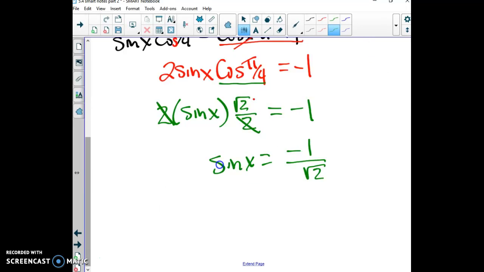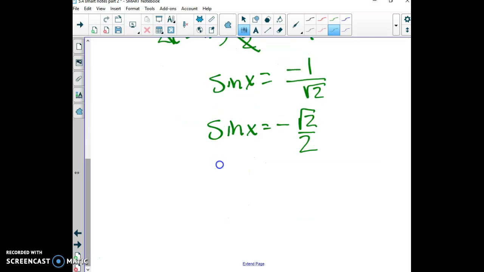And if we get the radical out of the denominator, we get the sine of x is equal to negative square root of 2 over 2. And we should recognize that this should give us x equals 5 pi over 4 and 7 pi over 4. Remember, we're on the interval from 0 to 2 pi.